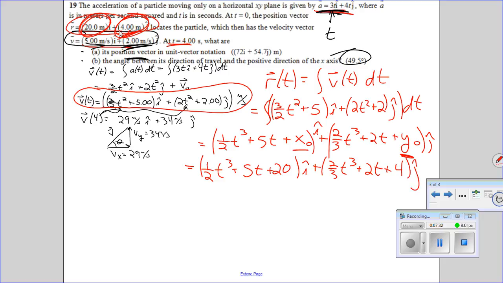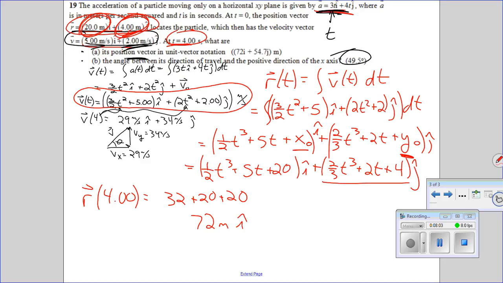Okay, so now all I'm going to do is plug in my time of 4 seconds, and then I think we're done. So my position after 4 seconds is, let's see, 4 cubed is 64 divided by 2, so that's 32, plus 5 times 4 is 20, plus 20, so that gives me 72 meters in the i direction.